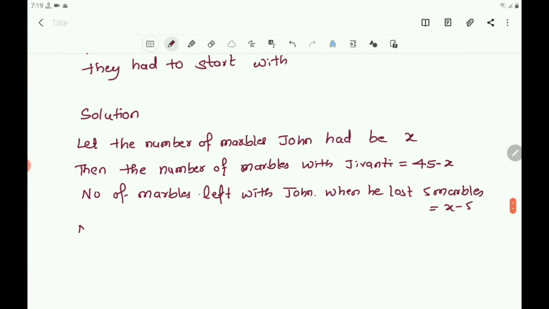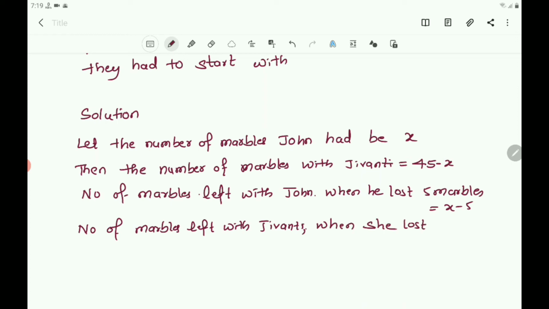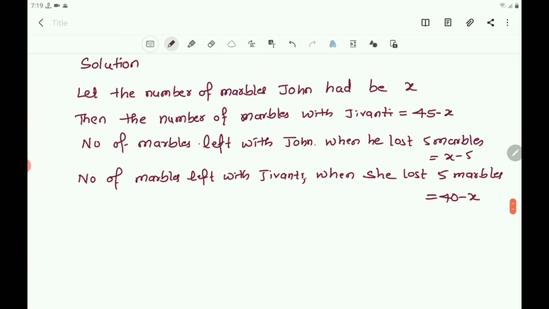And the number of marbles left with Jeevanti when she lost 5 marbles equals 40 minus x.